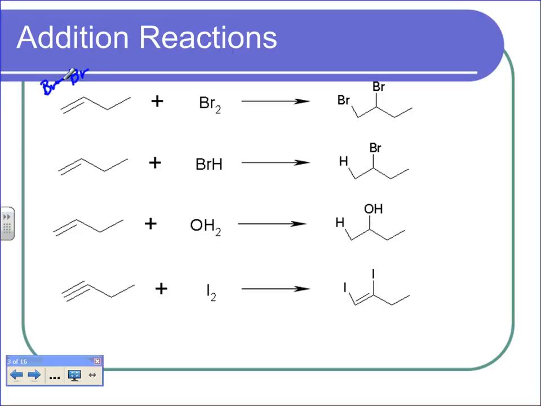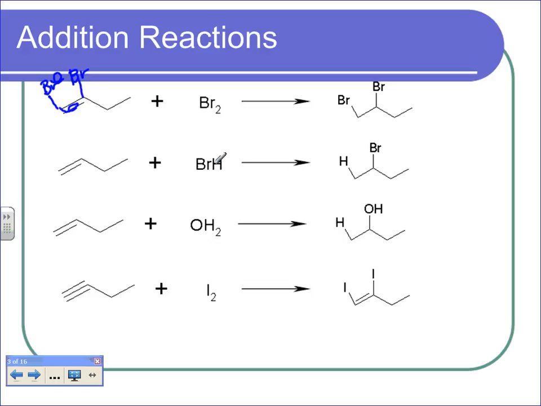Any chemical reaction involves bond breaking and bond forming. So in this case, what's happening is this double bond is being broken, and this single bond holding the bromines together is being broken. And those electrons are essentially being used to form the bond between the bromine and the carbon. So as you can see, what we're left with is 1,2-dibromobutane.